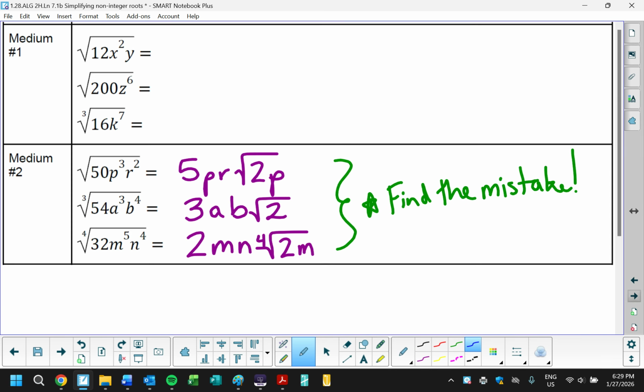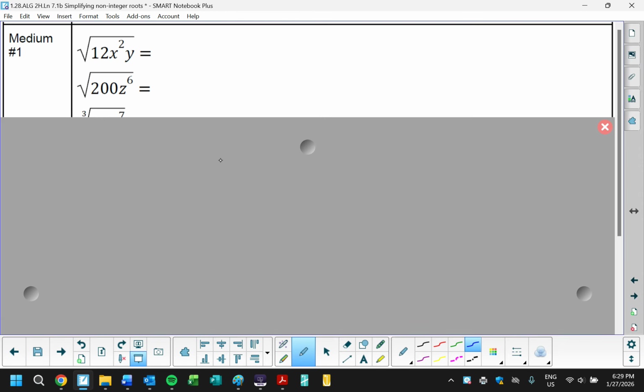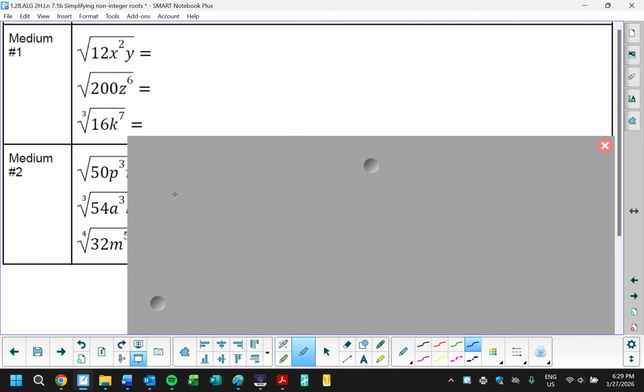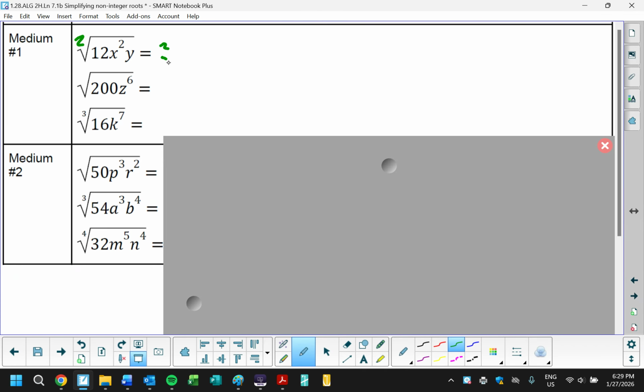Now, let's make things a little more interesting, shall we? And complete the medium number 1 together. So I'm going to go ahead and rewrite the square root of 12x squared y as a product of its prime factors, 2 times 2 times 3 times x times x times y.